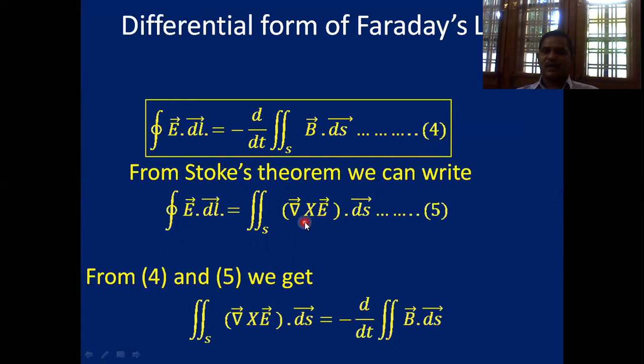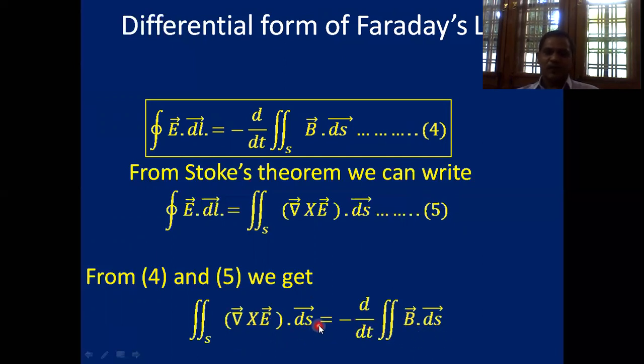Curl E bar is del bar cross E bar dot ds bar. This is equation 5. From equations 4 and 5, you can write the surface integral of del bar cross E bar dot ds bar equal to minus d by dt of the surface integral of B bar dot ds bar.